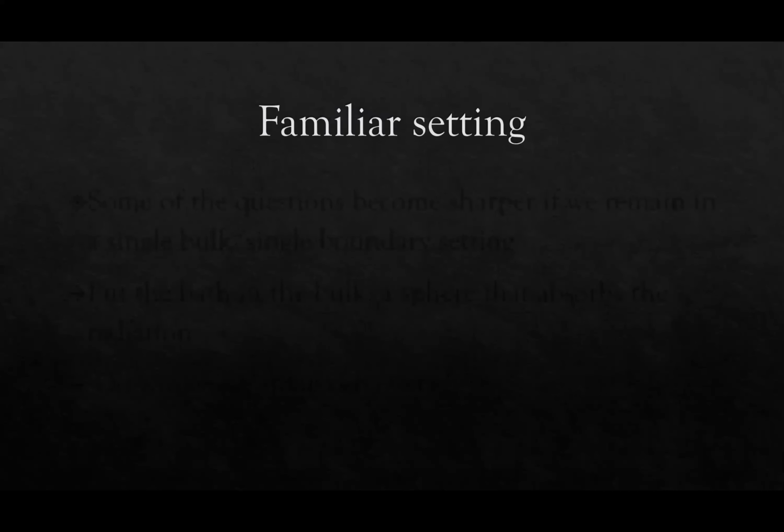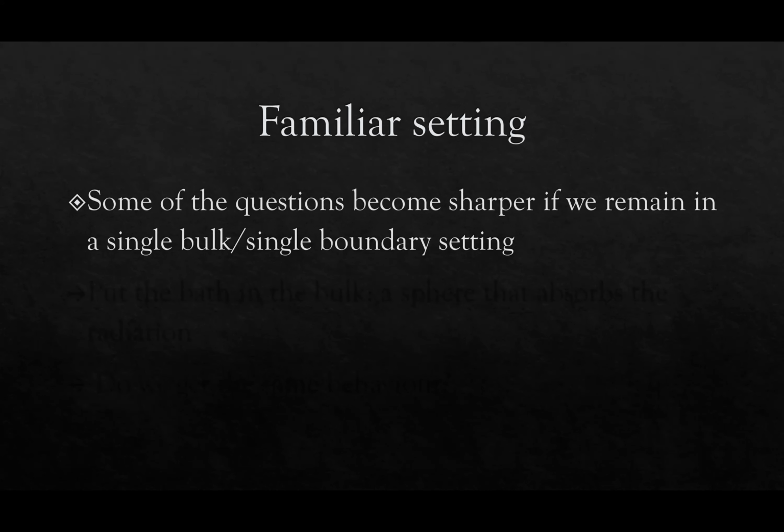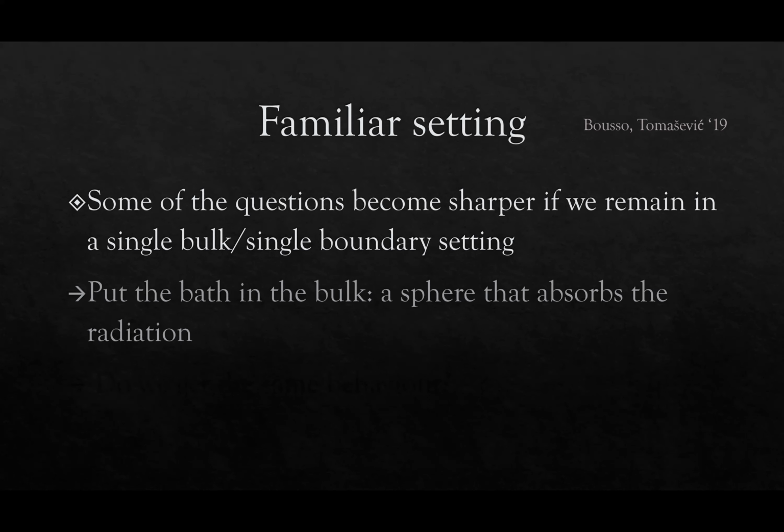Okay. So in order to shed some light on some of these questions, we are going to try to put ourselves into a very familiar setting, which is a single bulk, single boundary setting. And this is exactly what Raphael and I have done. So instead of putting this auxiliary system outside of the spacetime, we're just going to put it in the same bulk that we're working with.